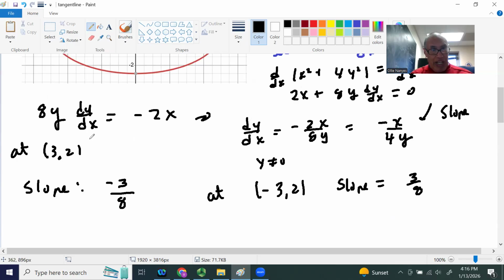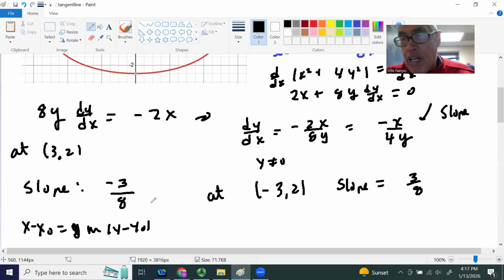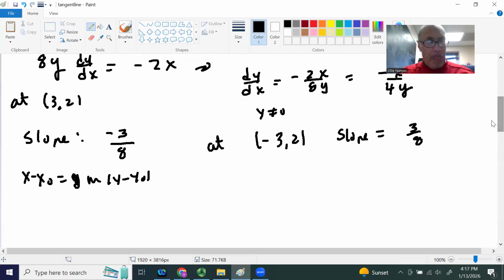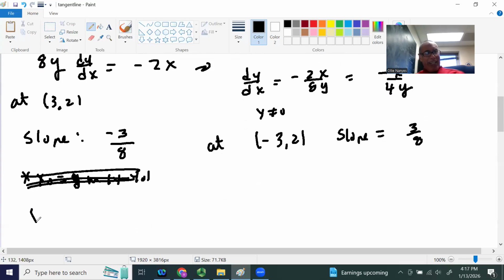So for the first tangent line, we use y minus y naught is equal to m times x minus x naught. I just messed this up, but I'm going to leave this in unedited. I sometimes will go off in outer space.